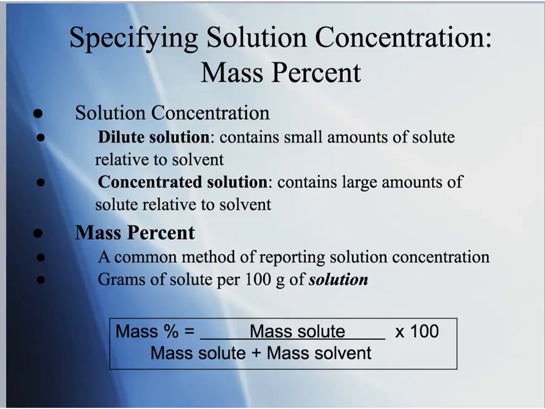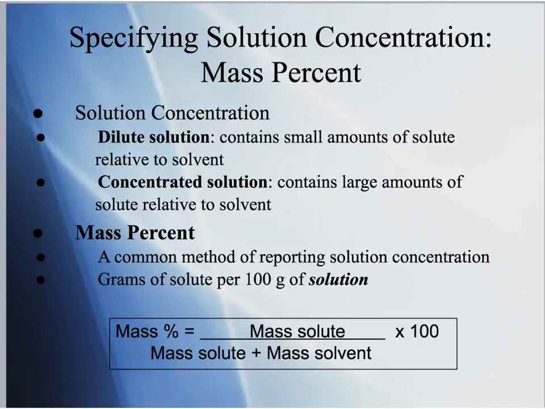All right, so when it comes to solutions, we can talk about solution concentration. So some solutions will be dilute solutions. They contain a small amount of solute relative to the solvent. And other times you'll have a more concentrated solution, meaning that there's a larger amount of solute relative to the solvent.